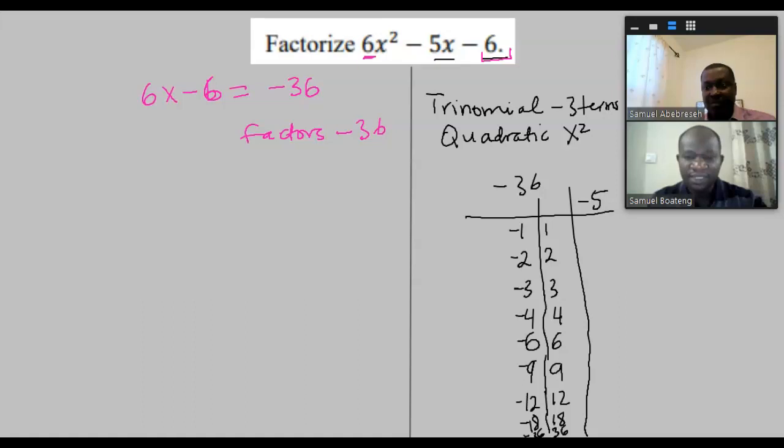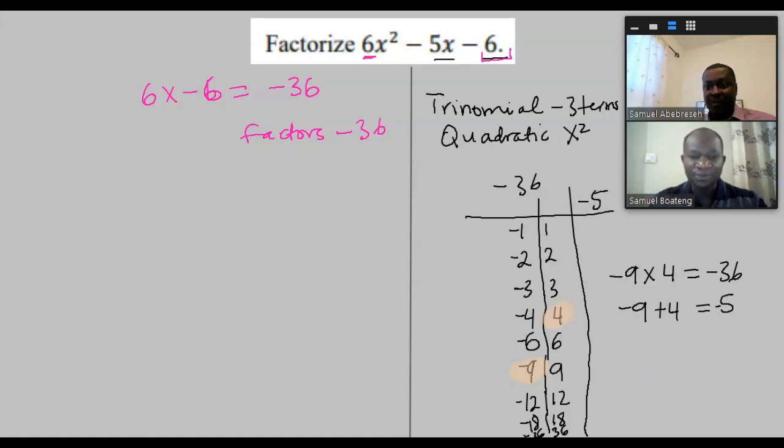So looking through the factors, you could pick minus 9 and 4. Let's test it. Minus 9 times 4 will give you minus 36, and then minus 9 plus 4 is equal to minus 5. So the 2 factors satisfy both cases.